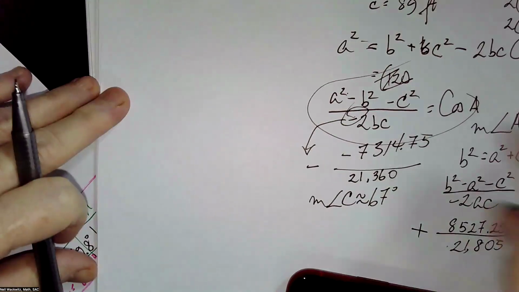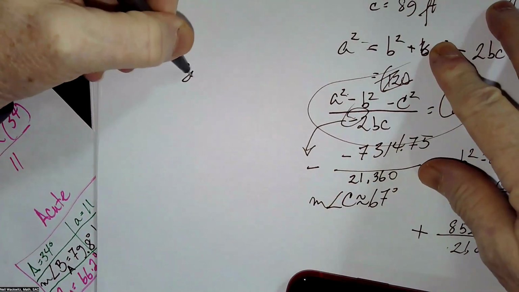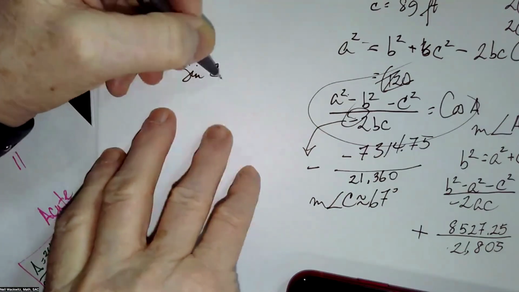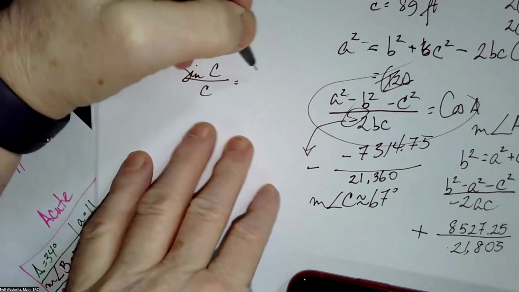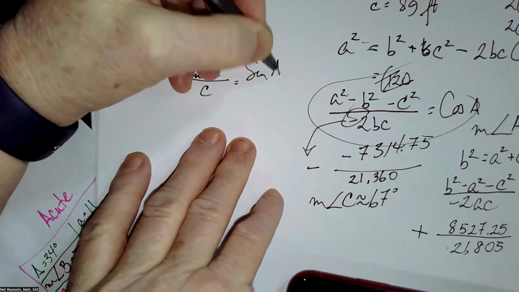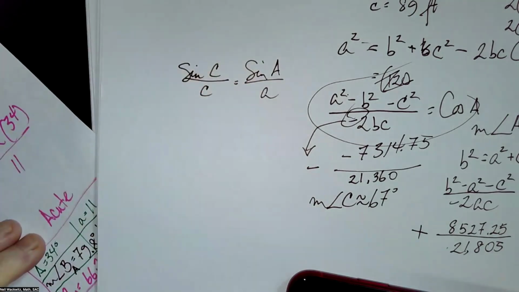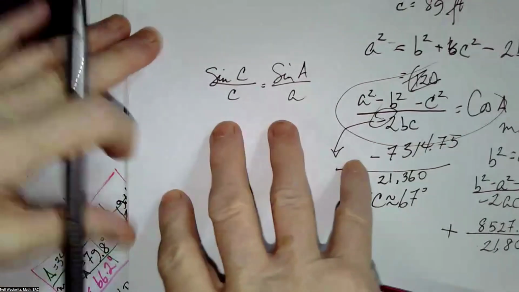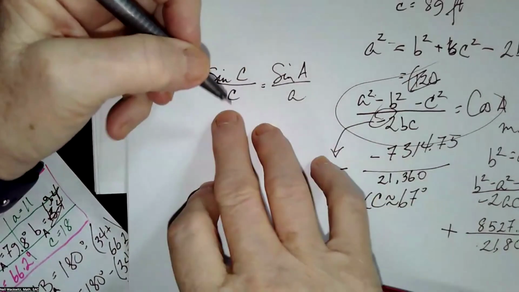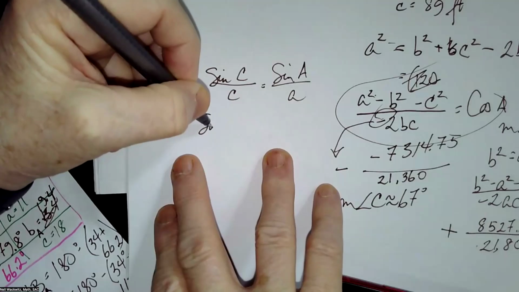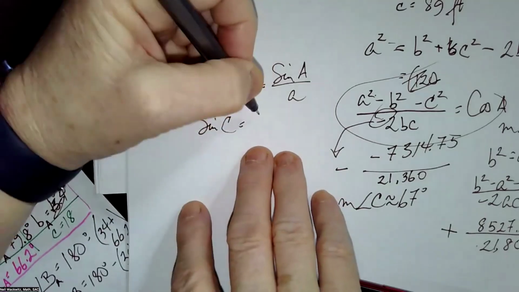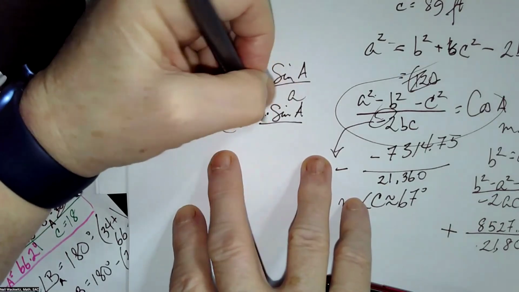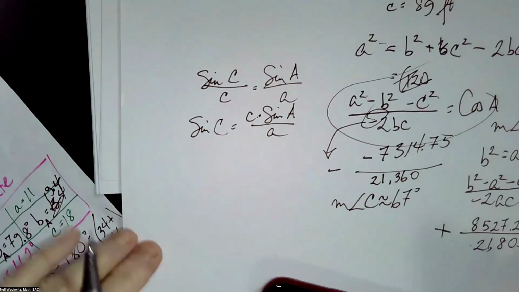So we've got angle C, so I'm going to put the sines in the numerators. And A was the first angle we found, so I included that one. Multiply both sides by little c, and we get that the sine of angle C is little c times the sine of A divided by side A.